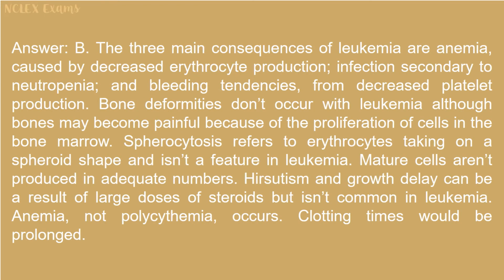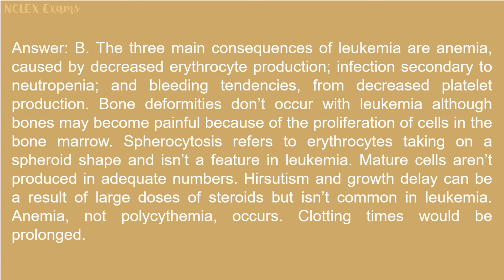Answer B. The three main consequences of leukemia are anemia, caused by decreased erythrocyte production, infection secondary to neutropenia, and bleeding tendencies from decreased platelet production. Bone deformities don't occur with leukemia, although bones may become painful because of the proliferation of cells in the bone marrow.